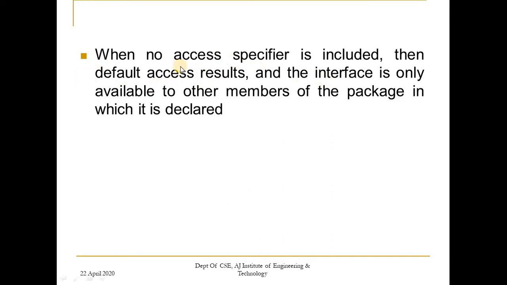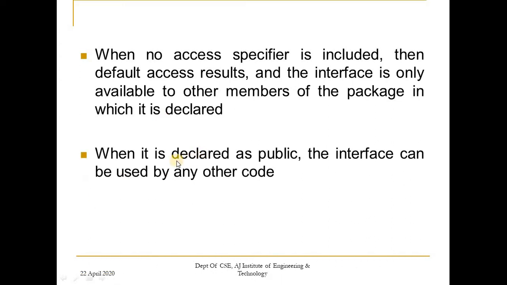That is, it is only accessible within the same package. That is what they are telling here. When it is declared as public, the interface can be used by any other code.